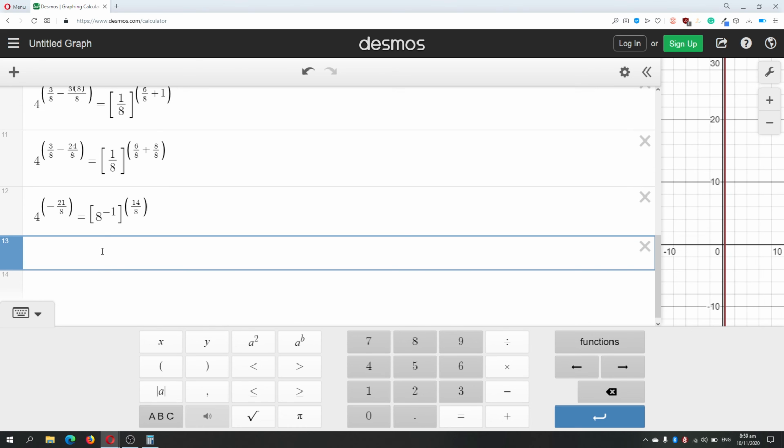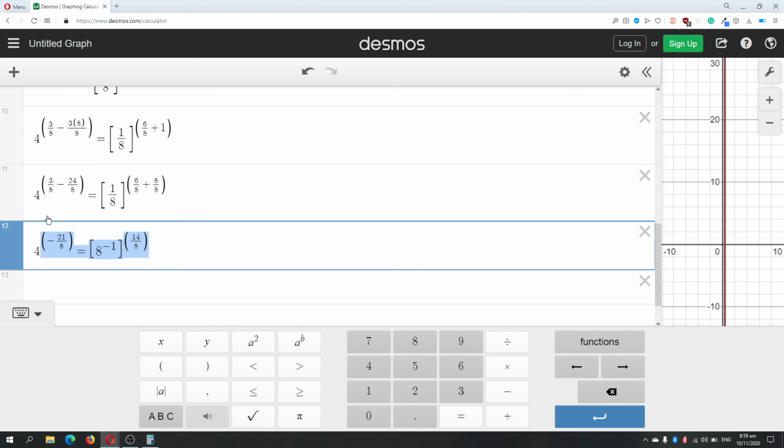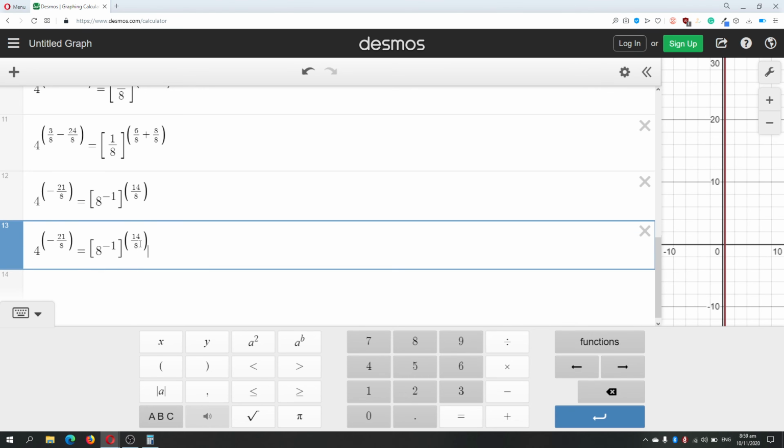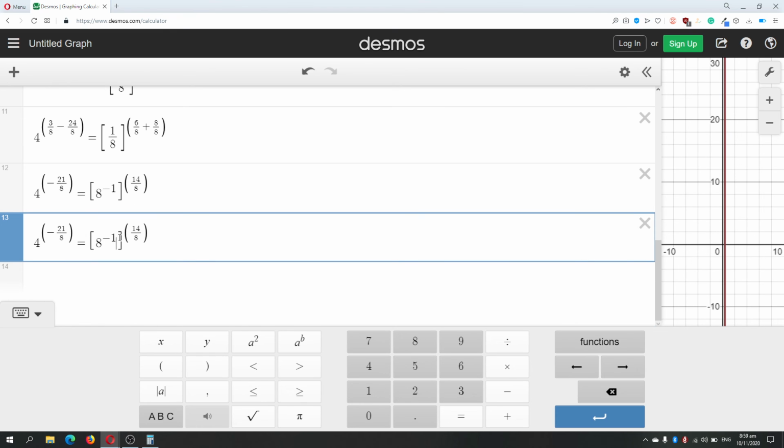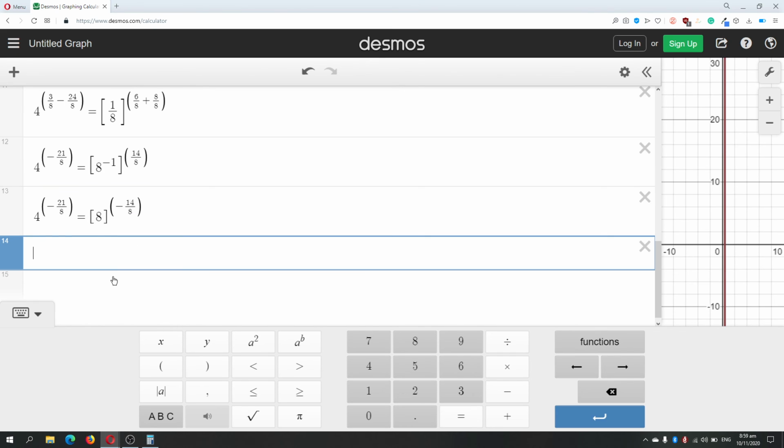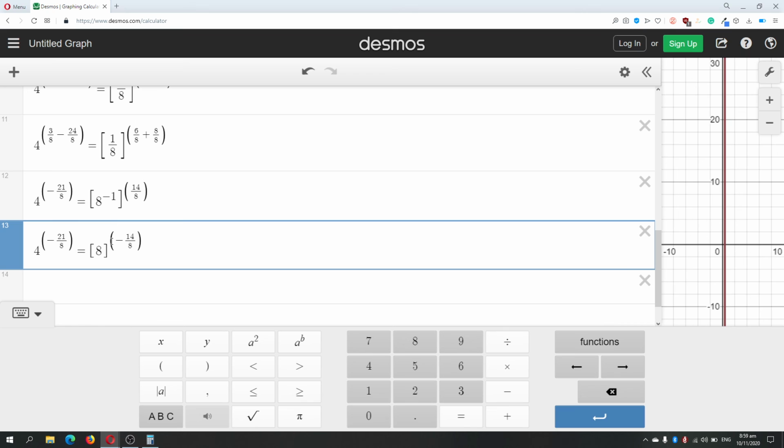Tapos, ganun din sa ginawa natin dito. So, kapag negative na siya, multiply natin dito, magiging siyang negative 14 over 8. Okay. So, third, di naman sila parehas.